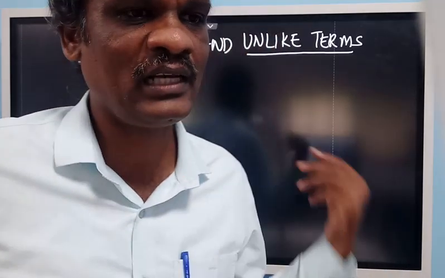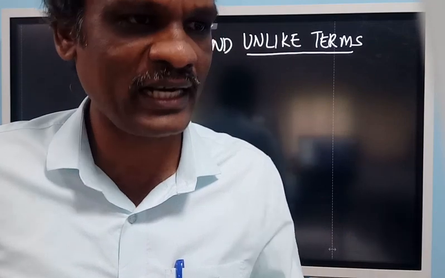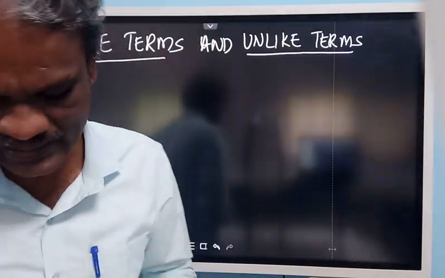The same is the case with like terms and unlike terms. Only like terms can be added; unlike terms cannot be added. What are like terms?